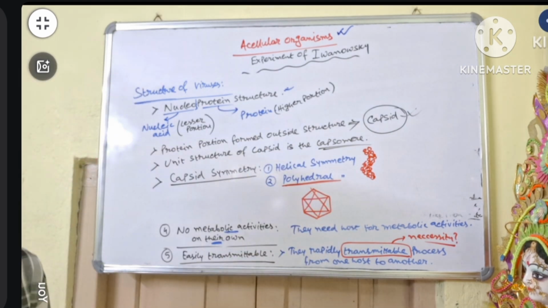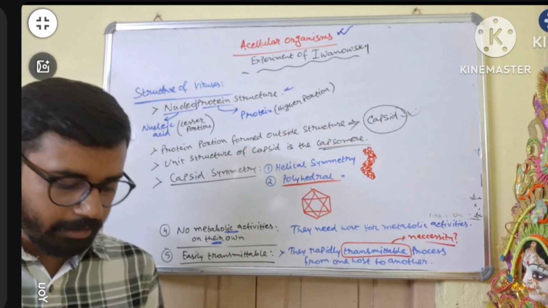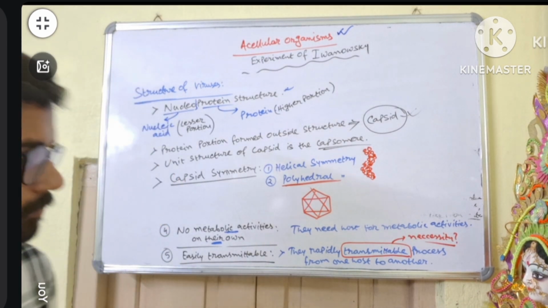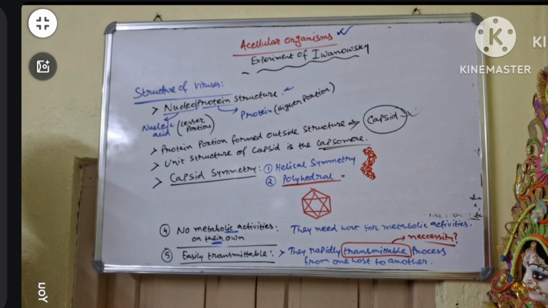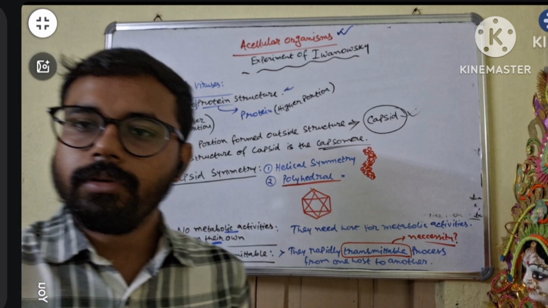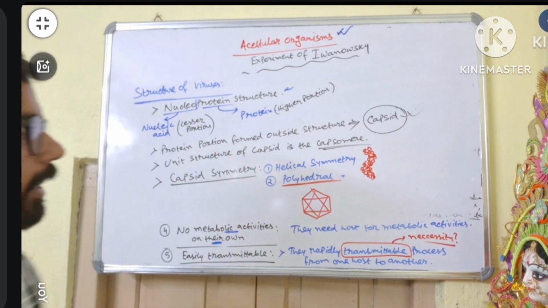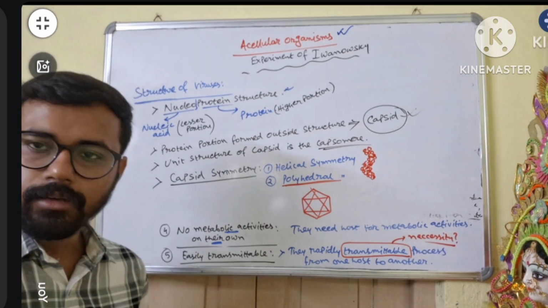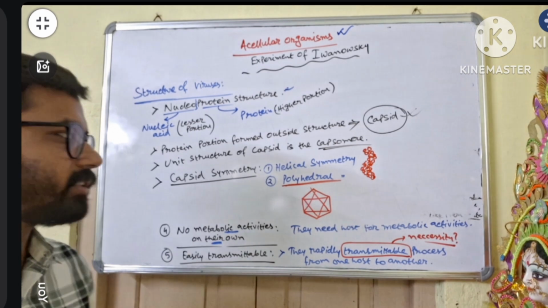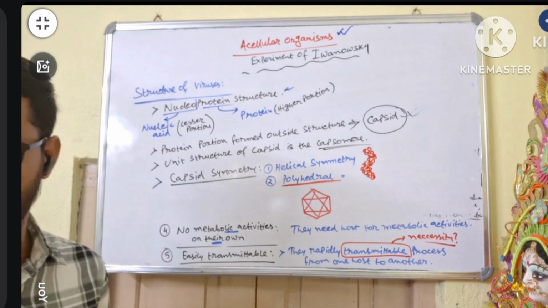This type of shape is called polyhedral. So the outside structure is totally made up of protein, and the arrangement can be different; the two most common arrangements are helical and polyhedral.